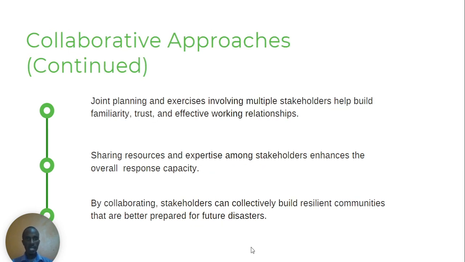So joint planning and exercises involving multiple stakeholders help to build familiarity, trust, and effective working relationships. For you to work together to achieve the goal of averting or mitigating a disaster, there should be trust and familiarity amongst yourselves, and you should have that working relationship which is enforced during these joint planning and exercises.